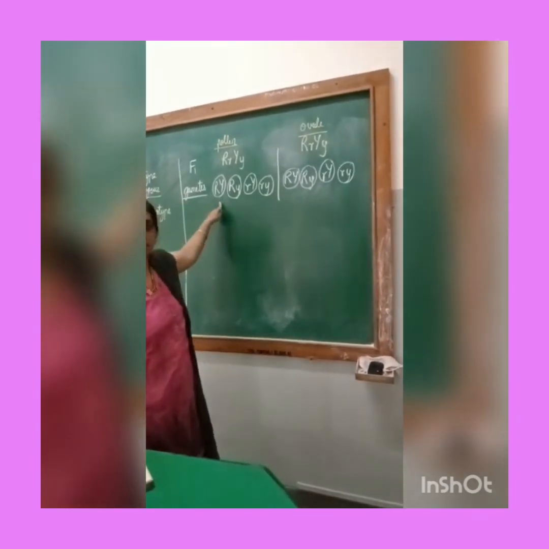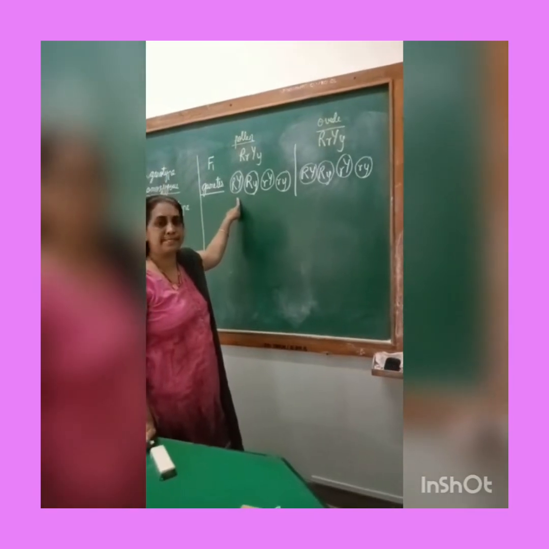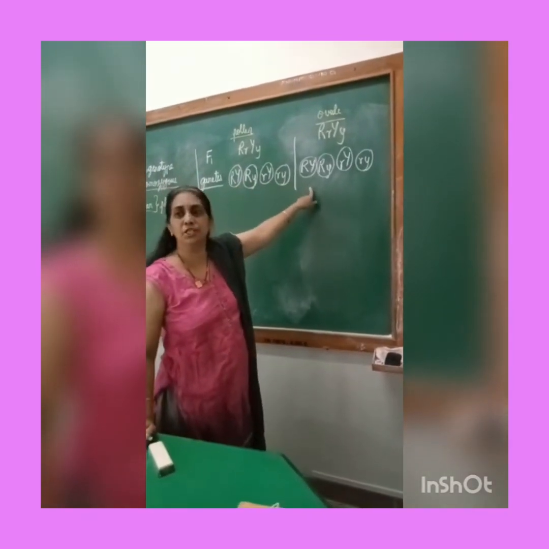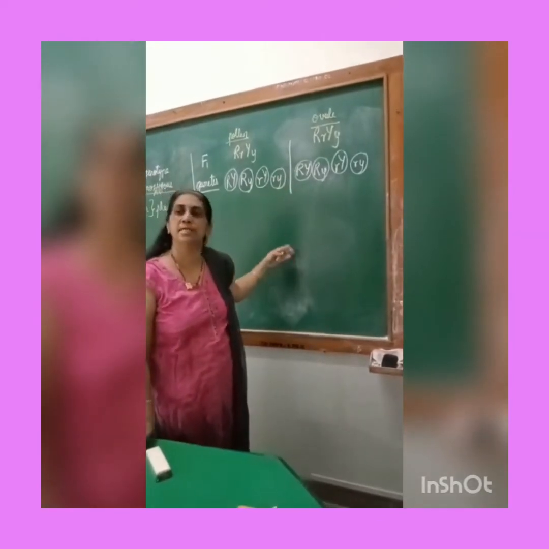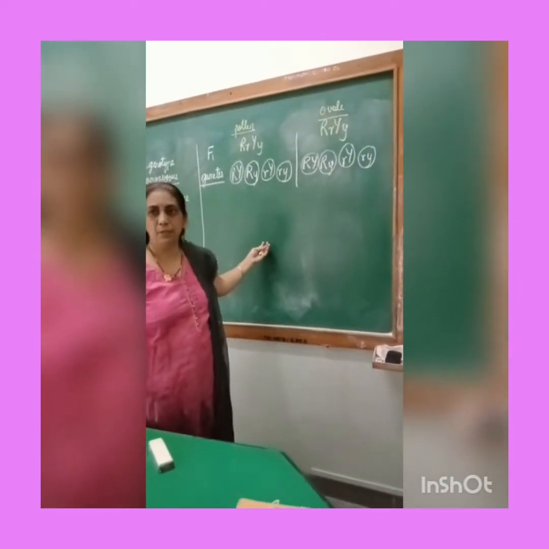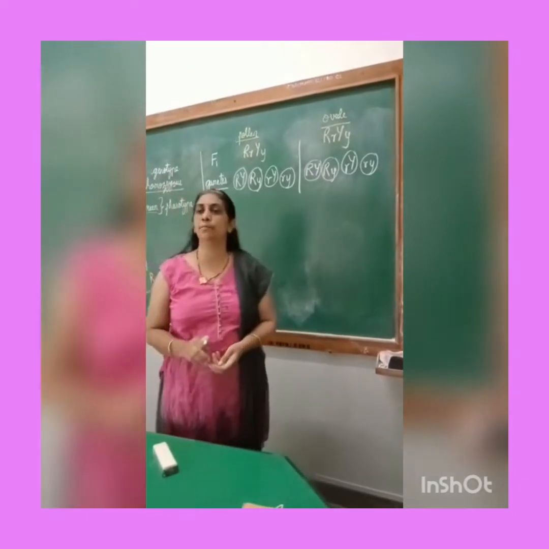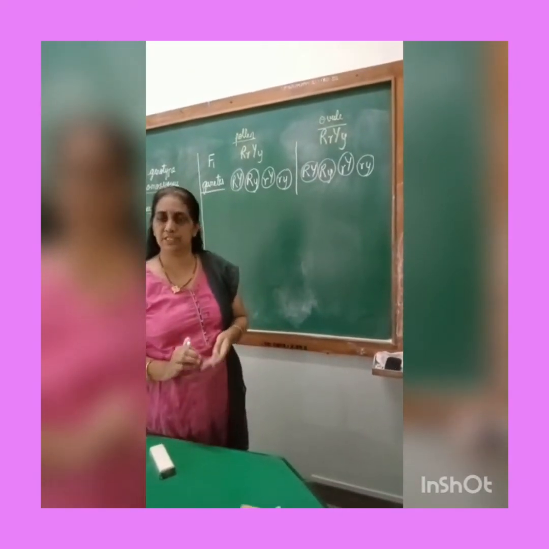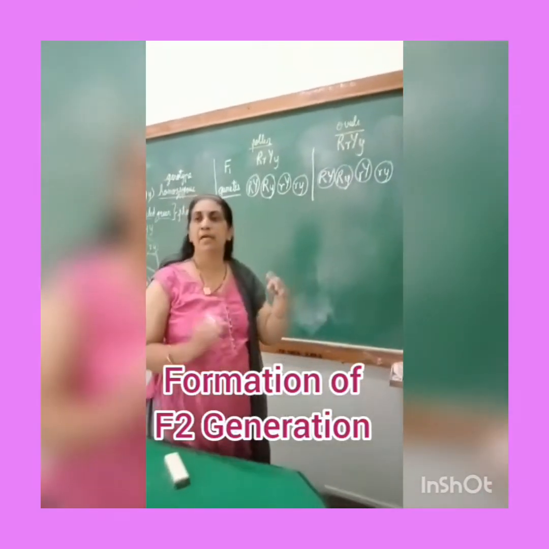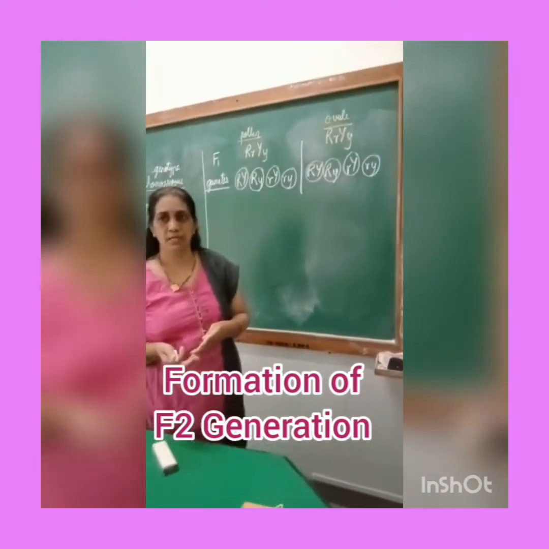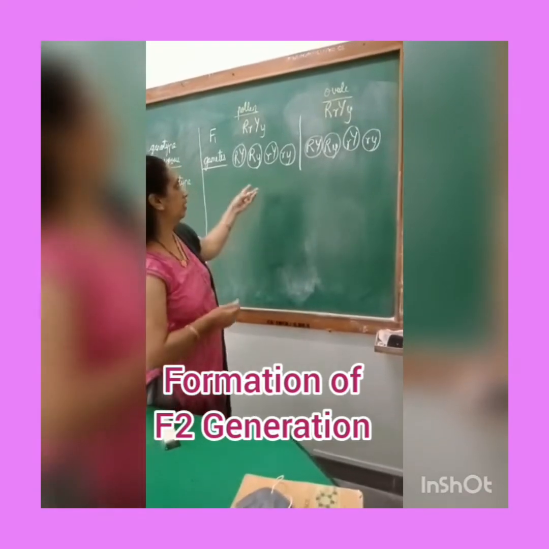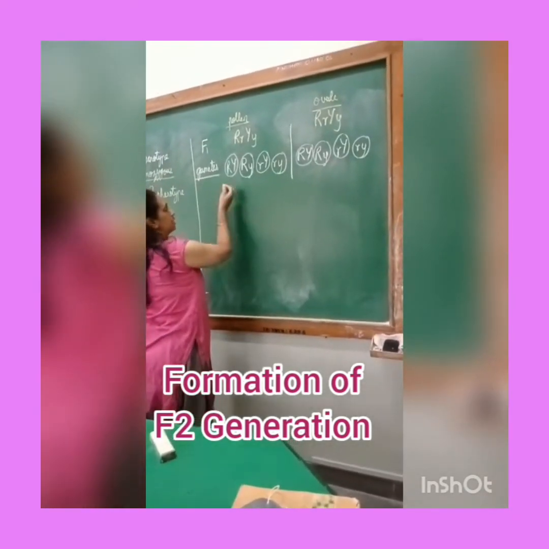The pollen which has both the dominant genes is combining with the ovule having both the dominant genes. Now representing this over here is going to be a little difficult. So there is a system called a Punnett square, which is used to represent the various combinations that take place. Before going to the Punnett square, I will just show you how this is possible.